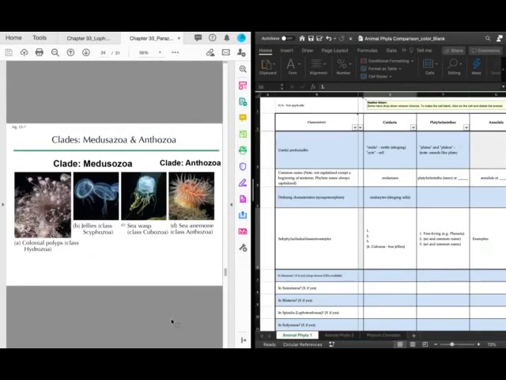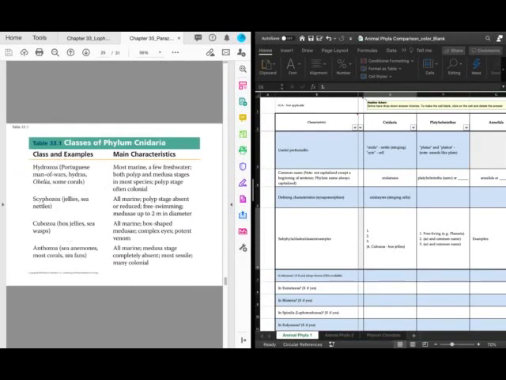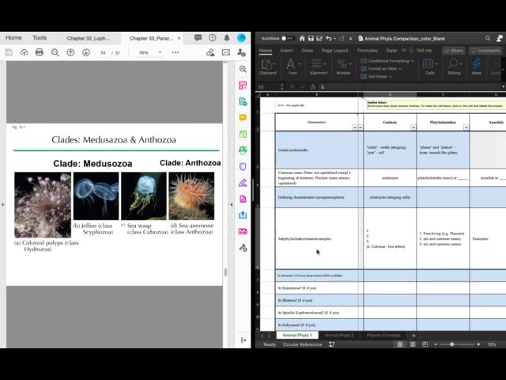Classes, examples, and clades. So we've got clades, Anthozoa, Medusozoa, and then we've got these classes, Hydrozoa. So I'll put those in. Hydrozoa. We've got Scyphozoa, jellies. And we have Cubozoa.